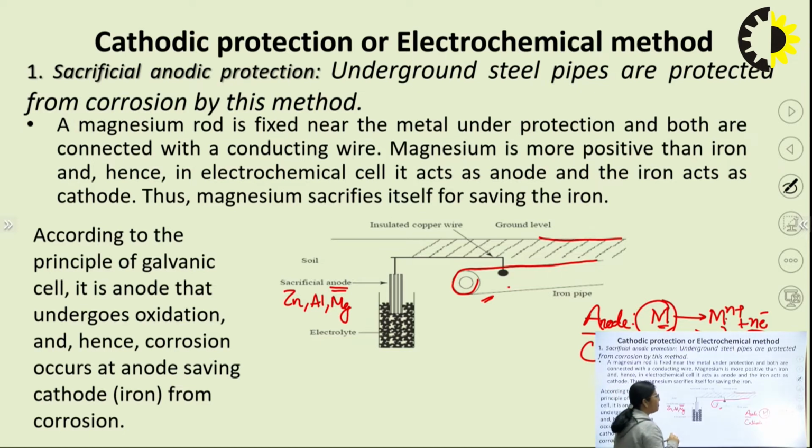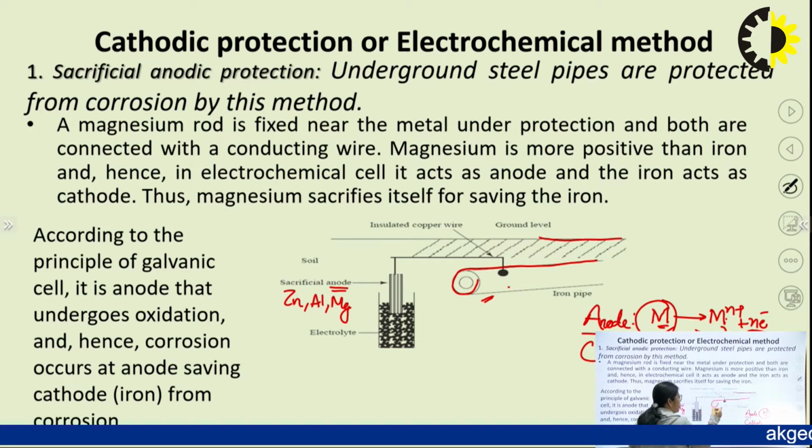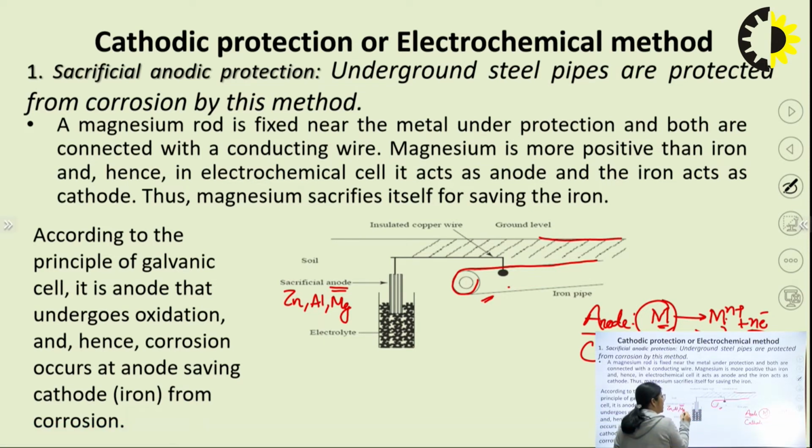So if I connect my iron pipe with these anodic metals, then instead of this iron providing ferrous ions, these metals are going to release excess amount of electrons, and these electrons are going to travel from anode to the cathode, so that the ferrous ions accept these electrons and get converted back into the iron. And since these metallic ions are being sacrificed for protecting our metal, therefore, it is known as sacrificial anode.